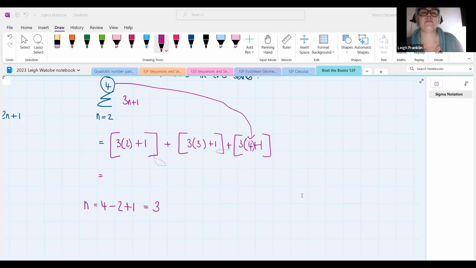Now hang on a second. Lebogang, what do you mean 5, 7, 9, 11, 13? Are you talking about the terms in the pattern? Because here the first term would be 7. The second term would be 10. The third term in this case would be 13.